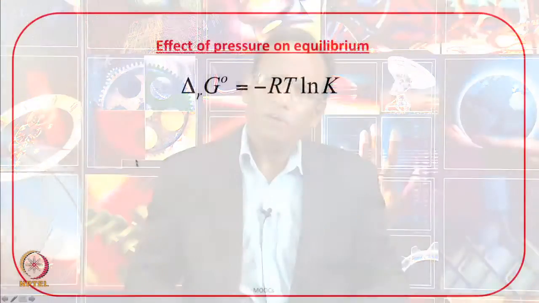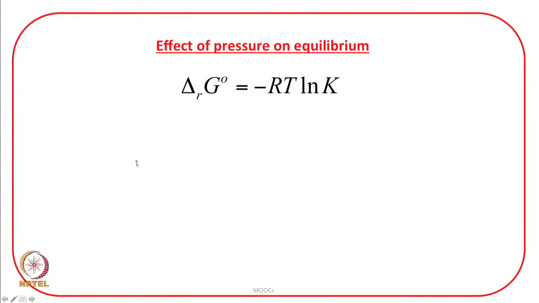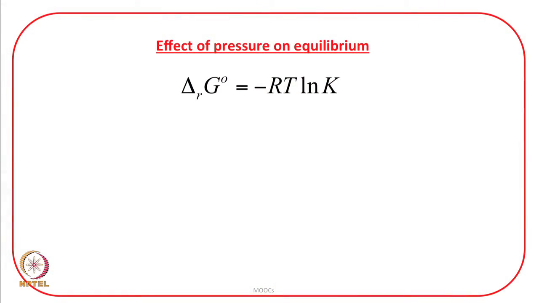Now, let us talk about the effect of pressure. We can appreciate the effect of pressure on the value of the equilibrium constant by looking at a relationship between delta G naught and K. Let us take a look at the slide.